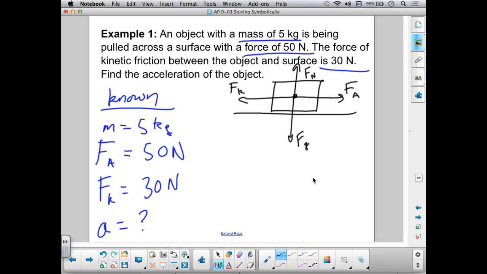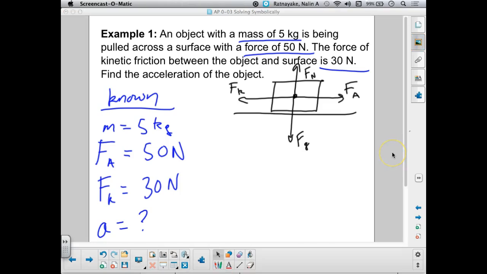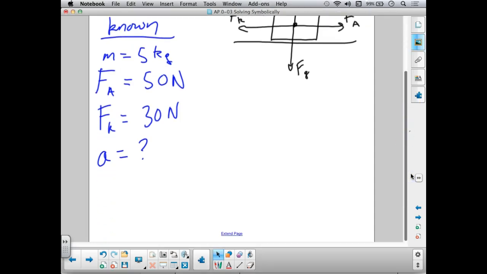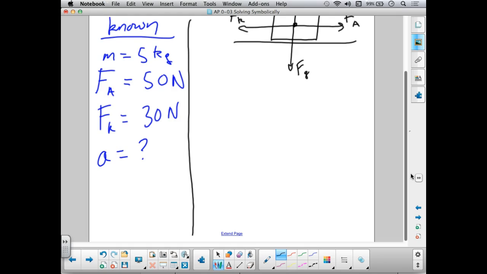So far, so good. This shouldn't be anything new. Okay, so next step is I'm going to write down some principles that apply. And let me make a little line here so I have some room. Anytime I have a force problem, I know I'm probably going to be dealing with Newton's laws of motion. And according to Newton's first law of motion, the net force is going to be the sum of the forces on the object.